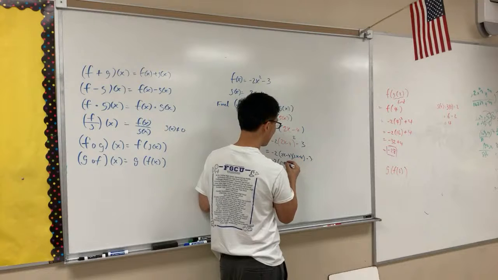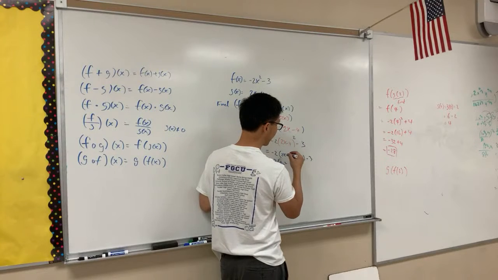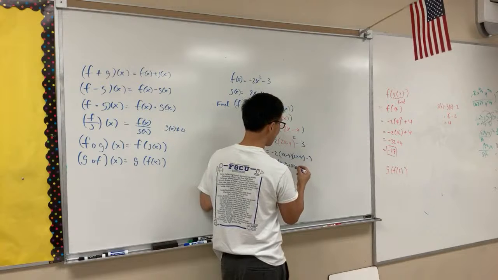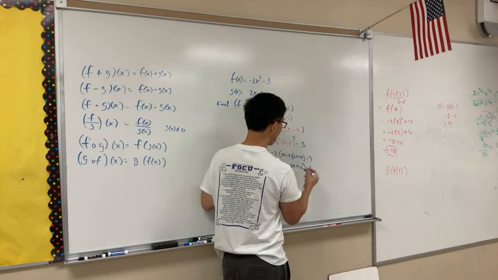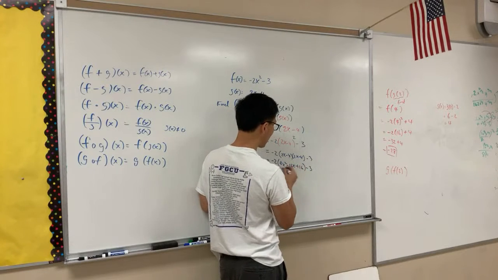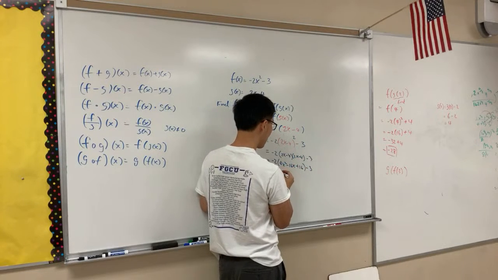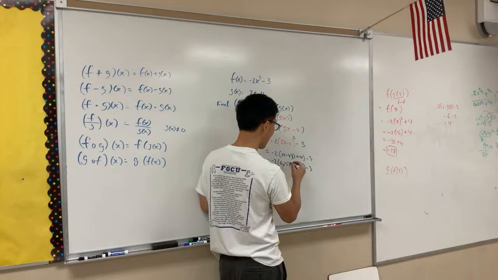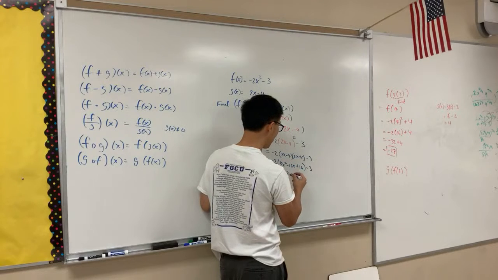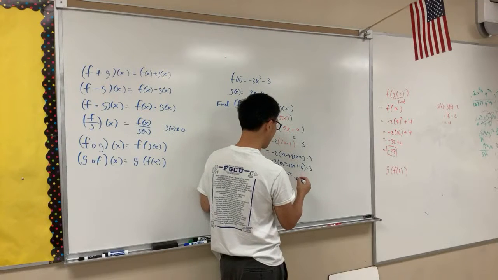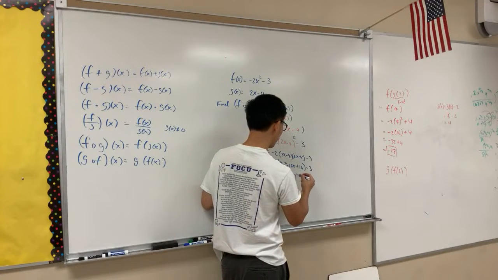So -2 times (4x squared minus 8x minus 8x, which is also going to be minus 16x, plus 16) minus 3. Now I can distribute the -2 because of the order of operations, the square first, and then distribute the -2 next. So it'll be -8x squared plus 32x, and then minus 32 minus 3, so it'll be minus 35.